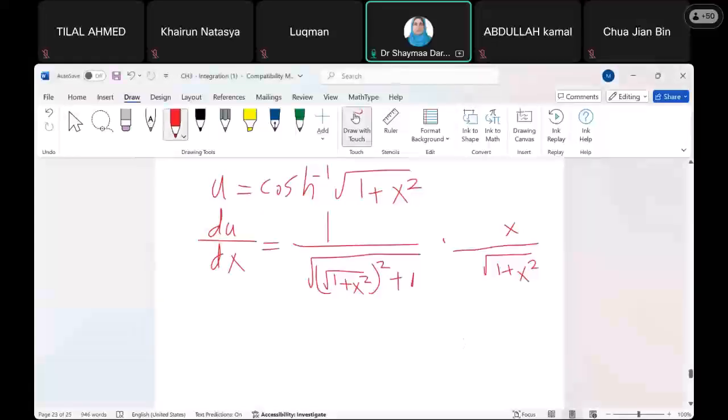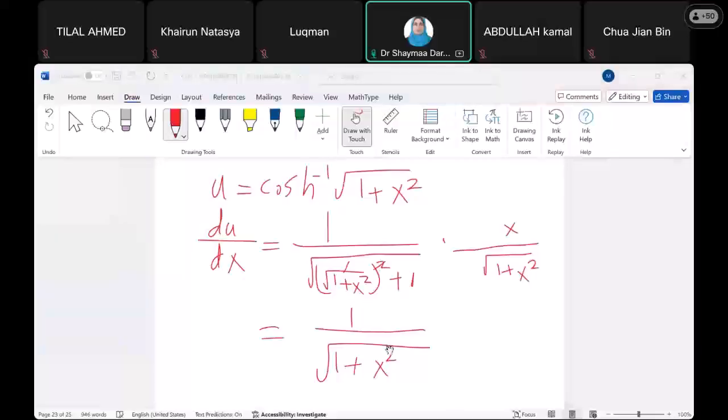Before continuing, I need to arrange this one. 1 plus x squared under the square root with the square will cancel each other, so you have 1 plus x squared. Let me check again the derivative of cosh inverse, because I'm not sure.